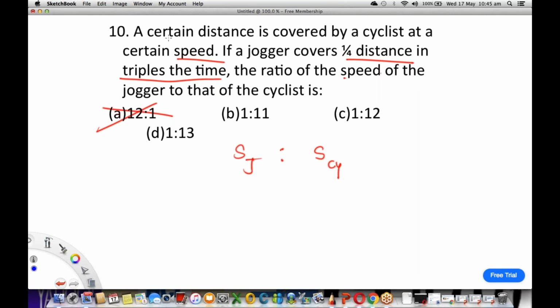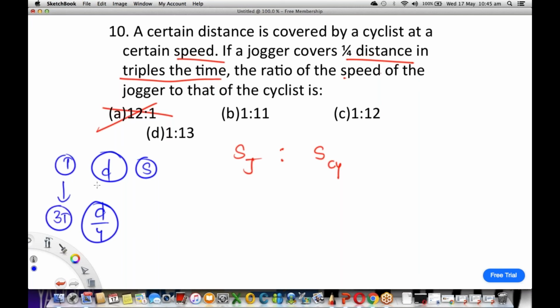The jogger covers a certain distance. I don't know the distance, so I'm taking it as D. A certain distance D is covered at a certain speed S. A jogger covers one fourth of the distance, that means D by 4, by taking triple the time. That means if he takes T time in the previous case, now he is taking 3 times T. Now the question is, what is the speed?